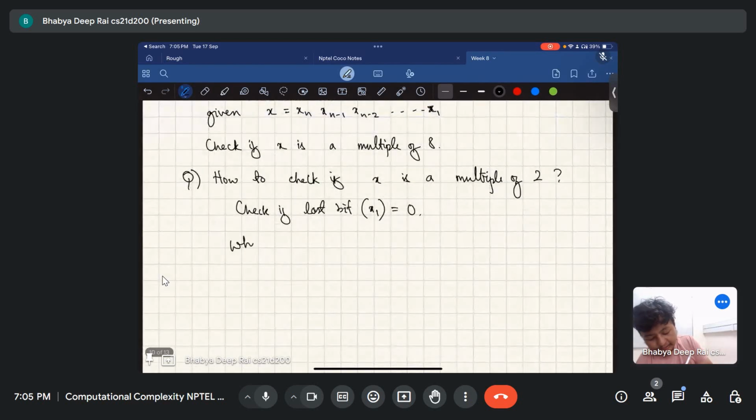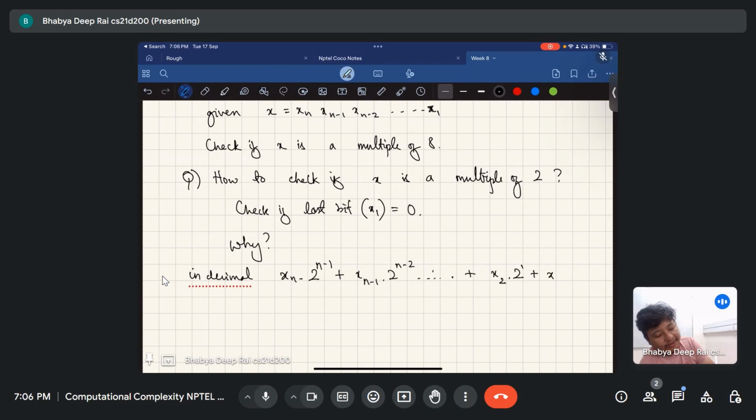Why does this work out? Well, because when we write it in binary, in decimal it is xn times 2 to the n minus 1 plus xn minus 1 times 2 to the n minus 2, and so on and so forth, plus x2 times 2 plus x1 times 2 to the 0.